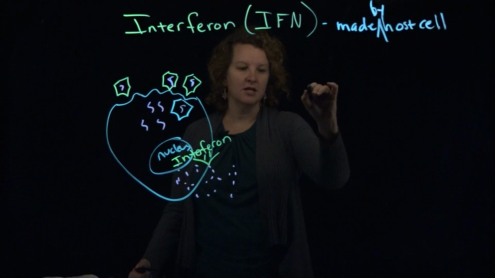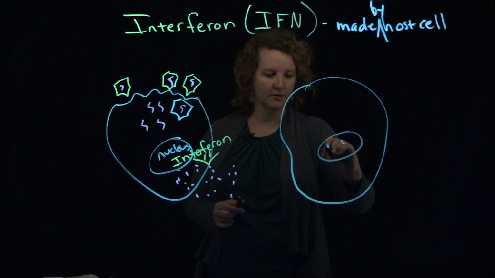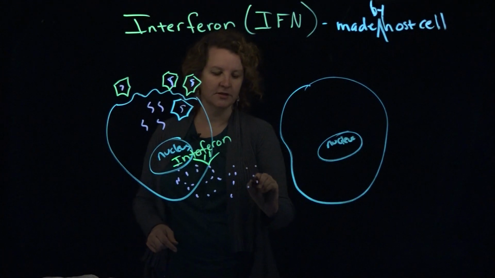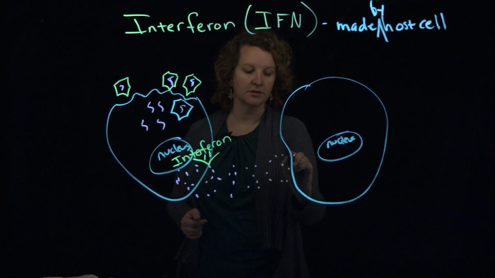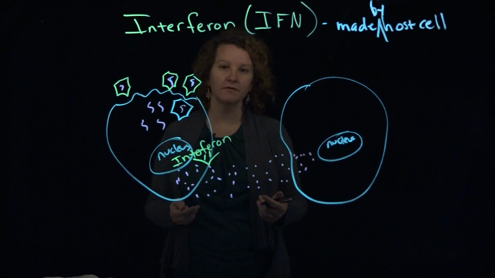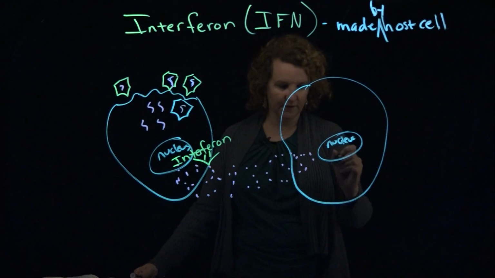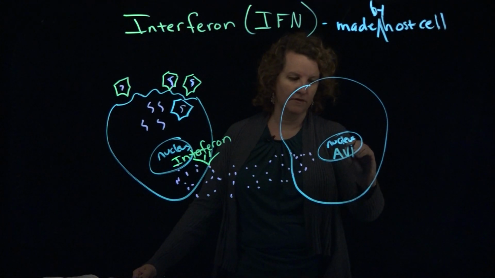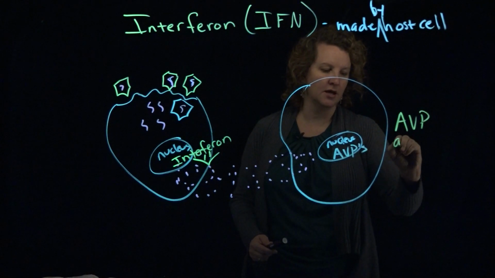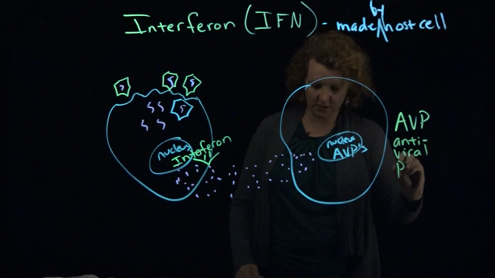But what will happen is a neighboring cell, it has to be a cell that's in the area. There's our nucleus again. It will pick up this interferon signal, and it's basically an alarm system to let the neighboring cells know, so any cells in the area, that there is a virus that's invading the cells, and to switch on this set of proteins called antiviral proteins, AVPs, and AVP stands for antiviral protein.